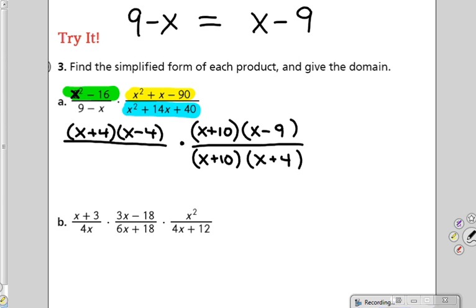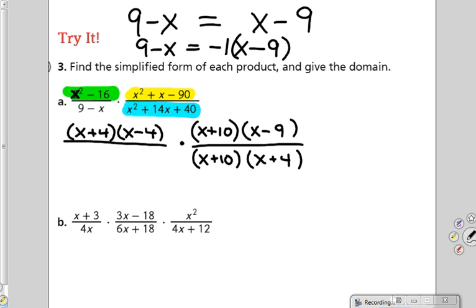No. Aren't they opposite, though? 9 minus 1 is the opposite of 1 minus 9, right? So you can actually turn 9 minus x into x minus 9 if you put a negative 1 in front of it. That's a little trick: if you have a subtraction problem that you want to flip around, put a negative 1 in front of it.